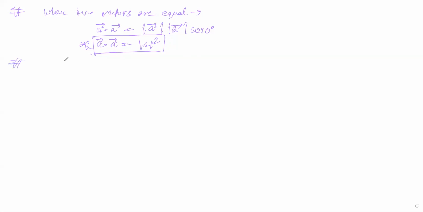Also it is commutative, that is A dot B is equal to B dot A, because it's a scalar quantity. It is a scalar quantity, so it will be numbers. So it doesn't matter whether you're multiplying A first or B first.